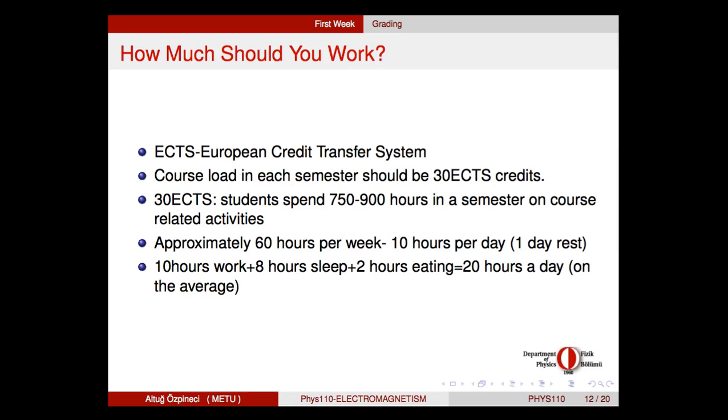One of the questions from the students was how much you should work. Is just 1 hour enough, or 2 hours? Turkey is making a change to what's called the ECTS, the European Credit Transfer System. The current credit system, if you have realized, is based on how many hours the professors teach.